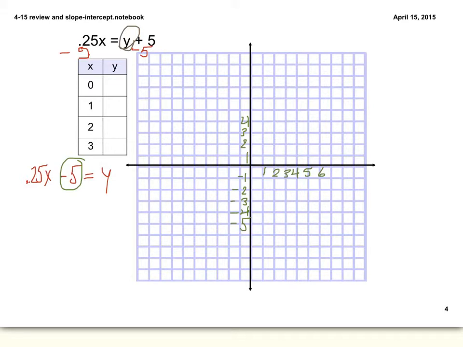Let's use the easy numbers. So 0.25 times 0 minus 5 equals negative 5. First one down. Now, 0.25 times 1 minus 5 equals negative 4.75.